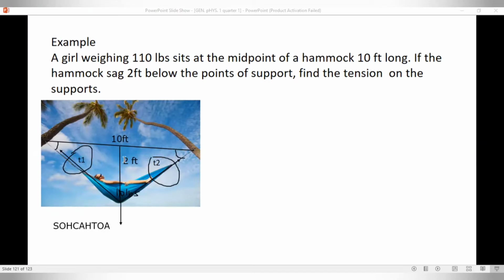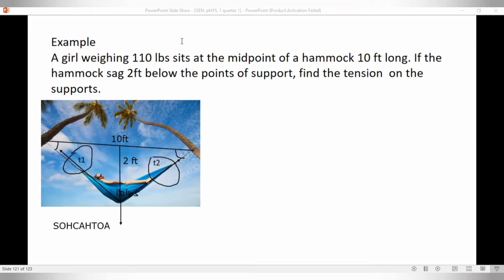Now, since ito po ay 10 feet, itong haba ng ating hammock, at once na nagsag, probably, equal naman yung weight distribution niyan.